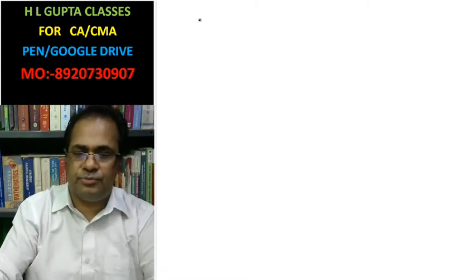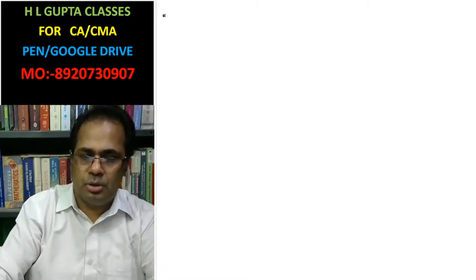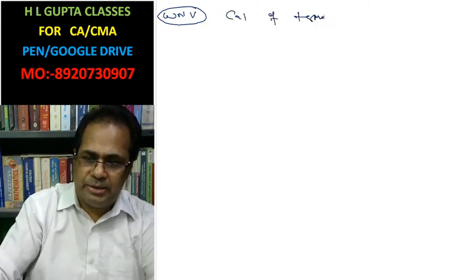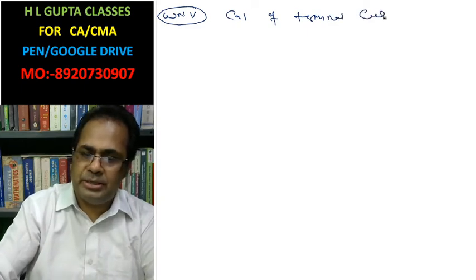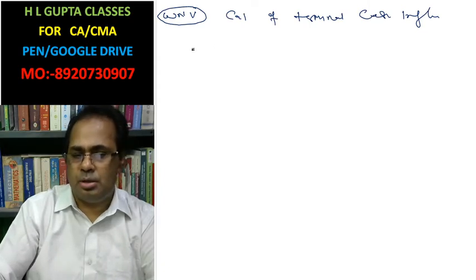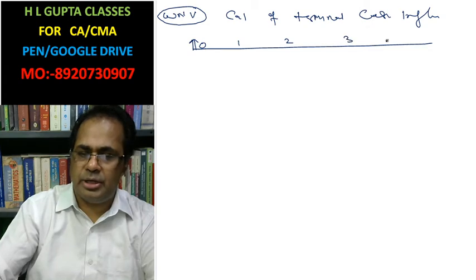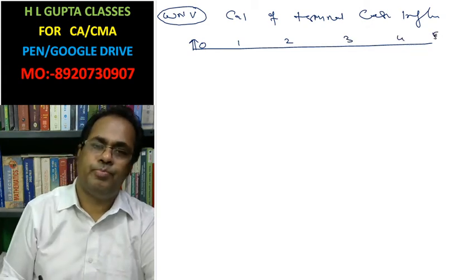Working note 5. Calculation of terminal cash inflow. What is the terminal cash inflow? Look at it. Here we have period 0, 1 year, 2 year, 3 year, 4 year, 5 year.